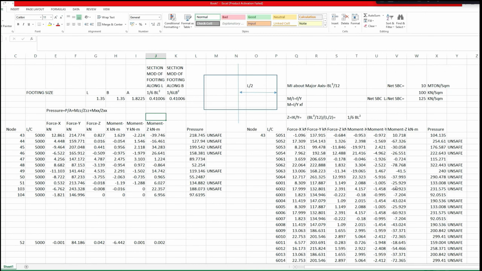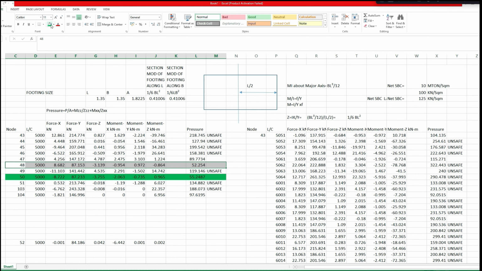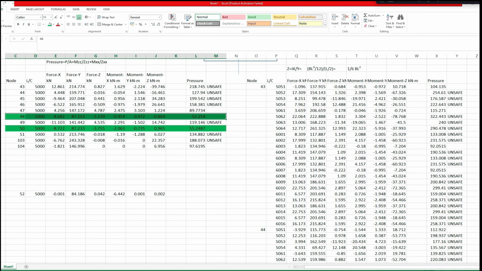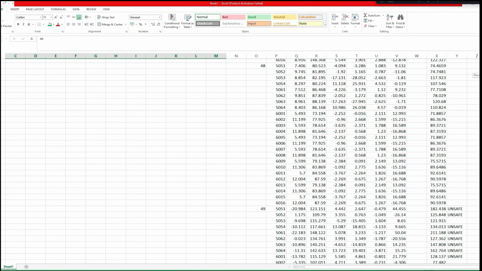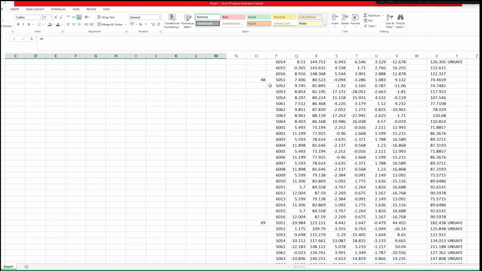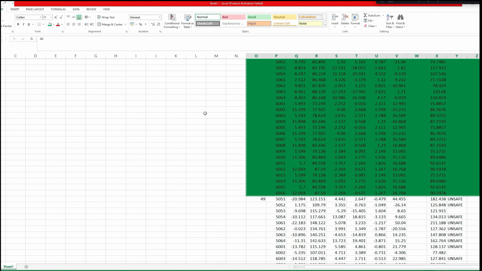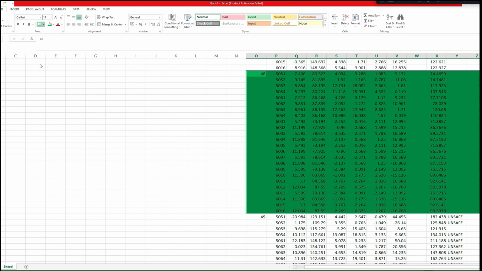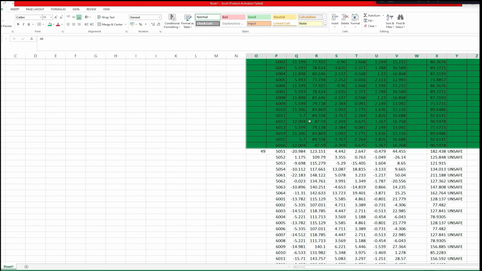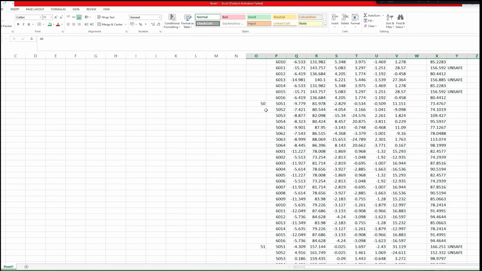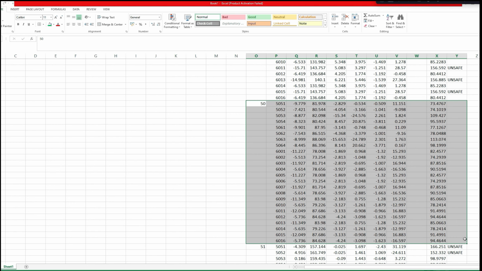So now let us put a color to this. Let us take green color for 48. If you want, you can put a border to this, and node number 50 also green.